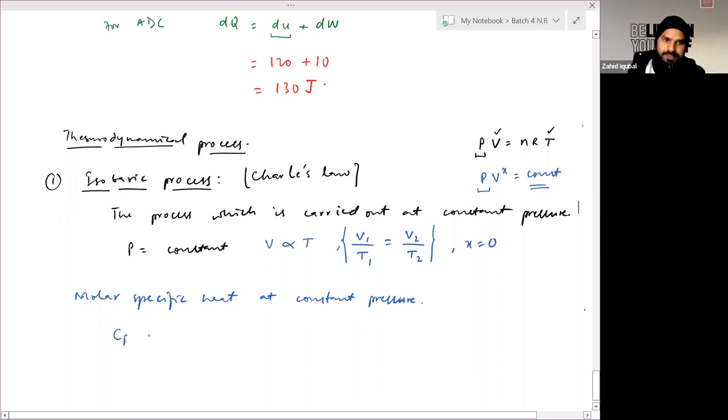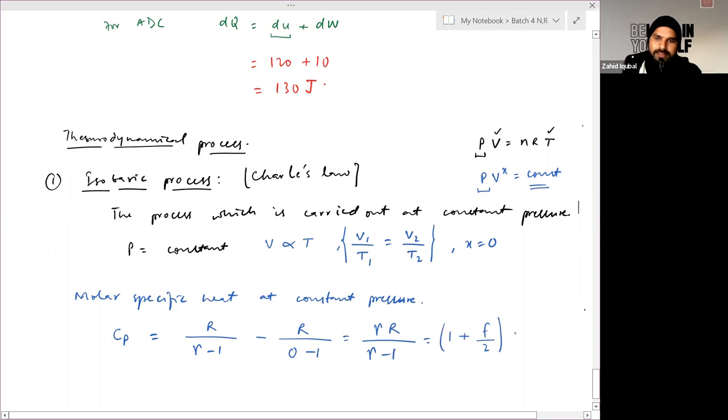So it will be Cp equals R by gamma minus 1 minus R by x minus 1, and x we have 0, minus 1, minus minus cancel out. So on solving, you will get gamma times R divided by gamma minus 1. If you change this expression in terms of degree of freedom, you will get 1 plus F by 2 times R.